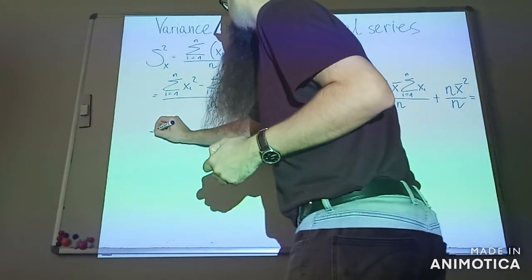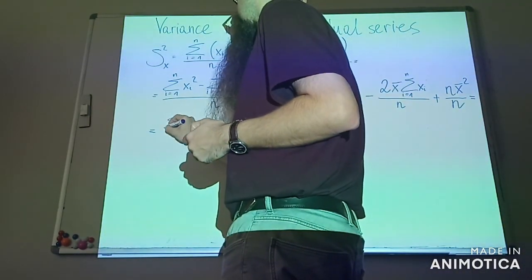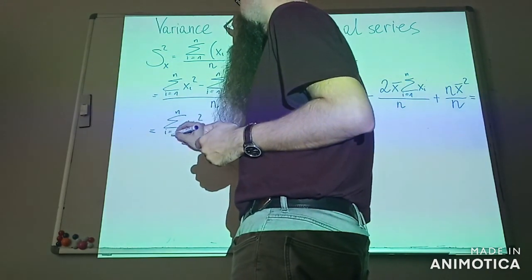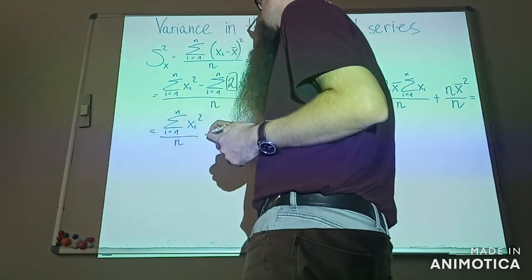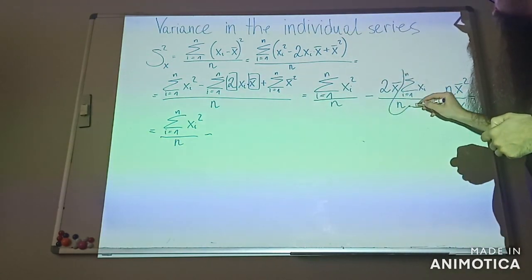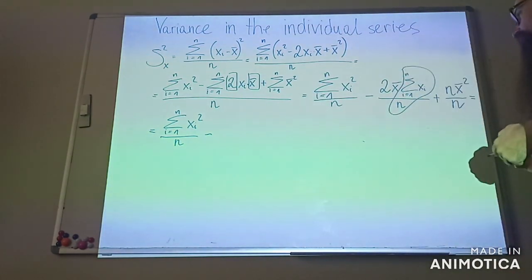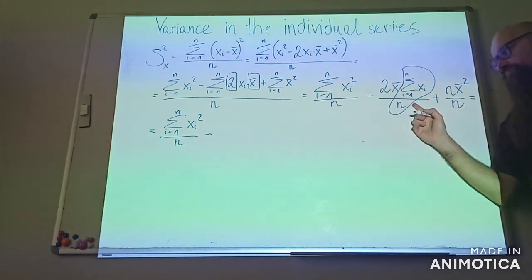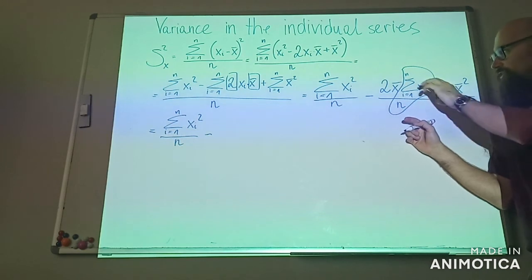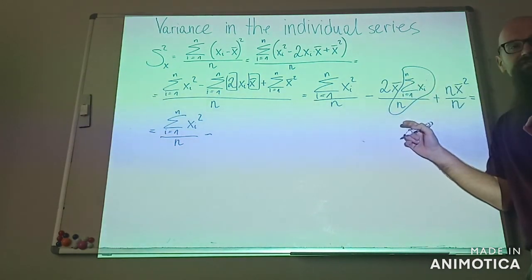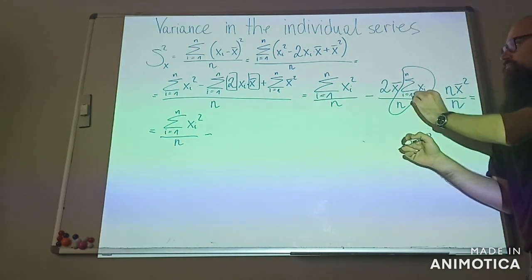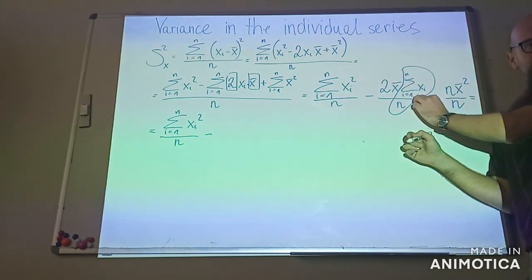Okay, and finally we have what? The sum from i equal 1 up to n of xi squared divided by n. Here we have what? It seems that you have noticed that here we are dealing with the arithmetic mean, yeah?